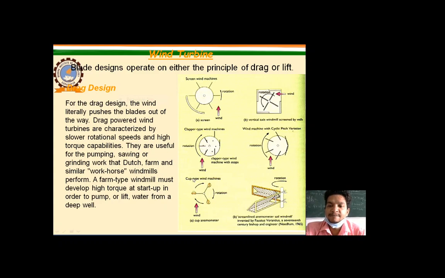The next one is the cup type wind machine. Here the rotation takes place in this way, and the wind is flowing from the bottom portion to the upper portion. It means the wind flows in the upward direction, and here is the clapper type wind machine.